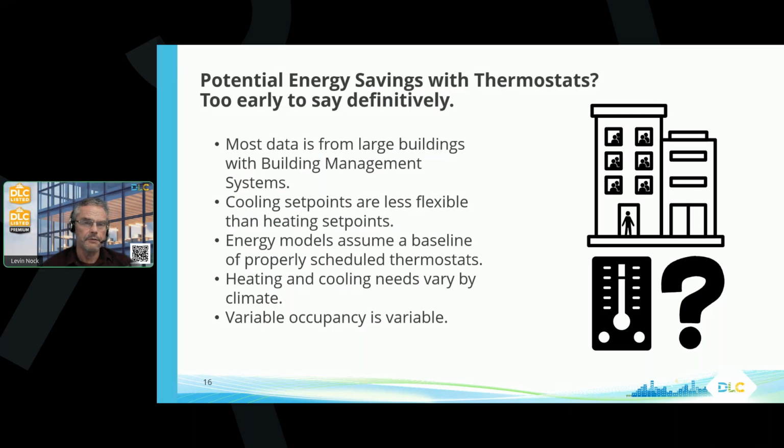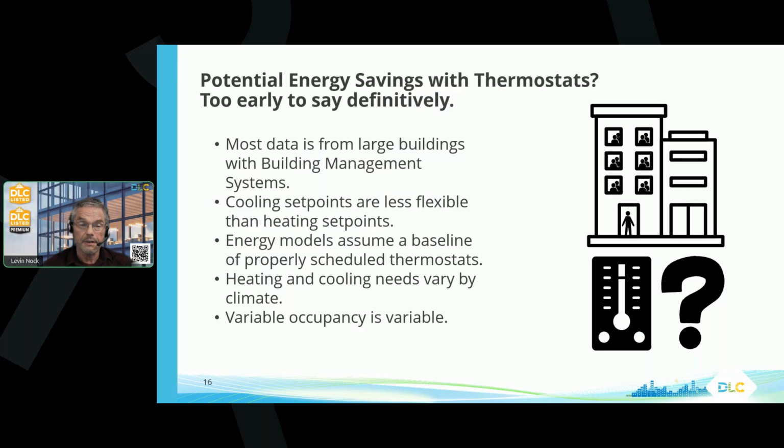Early simulated results from energy models suggest savings in small buildings of up to 11% of cooling energy and 21% of heating energy, compared to a pre-existing well-scheduled thermostat. Savings could be higher where the original thermostats were not carefully scheduled and updated as activities change over time.